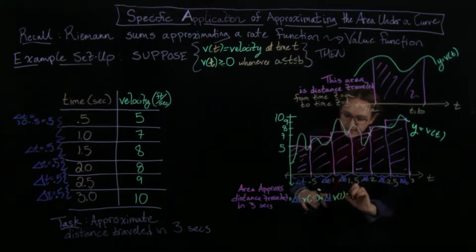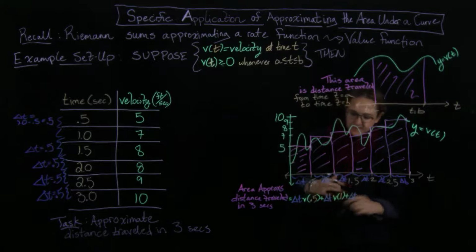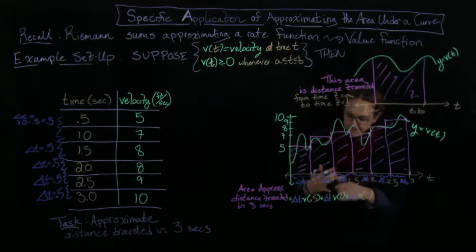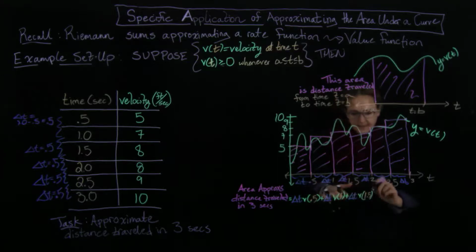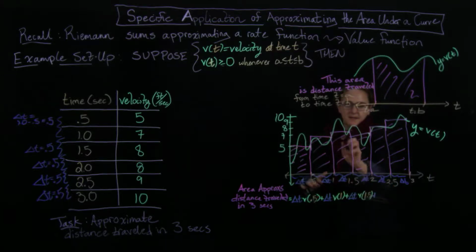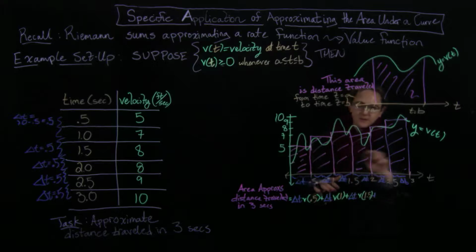And keep going, I can take delta t times the velocity at 1.5, plus, so now I've done the first three rectangles, so I have 3 more to do.